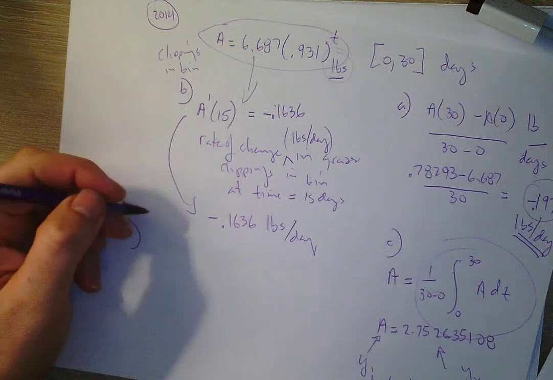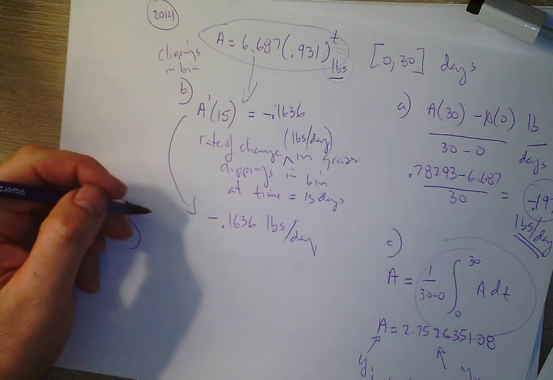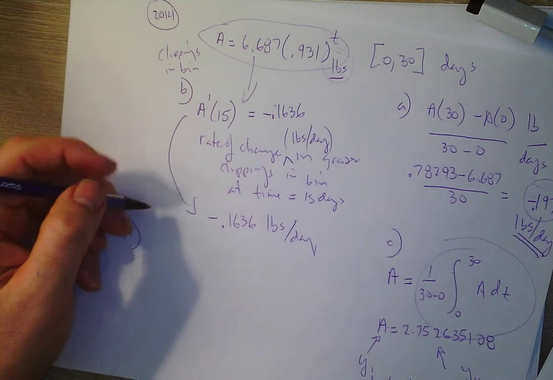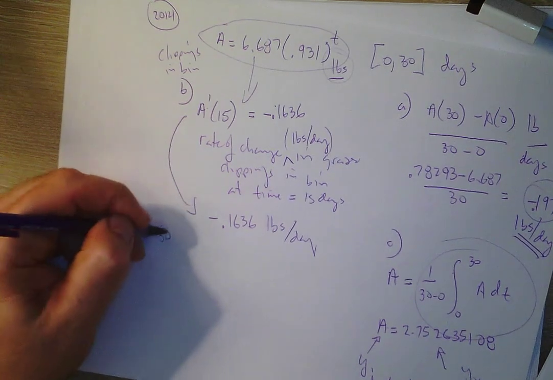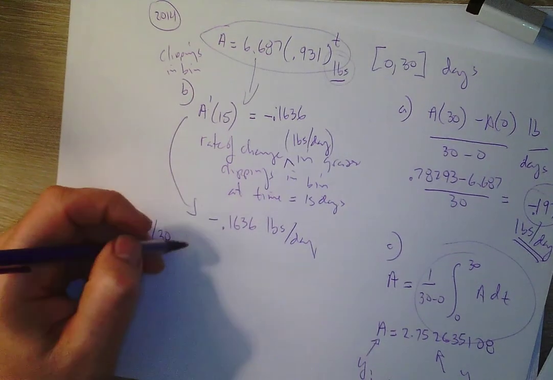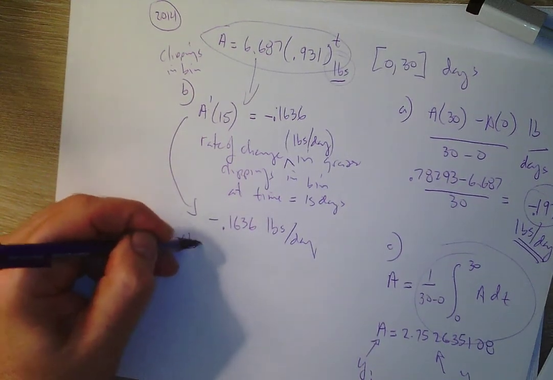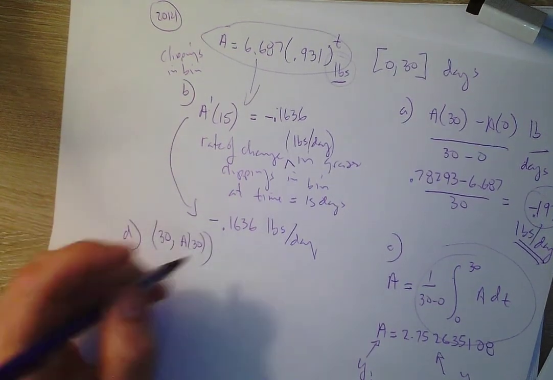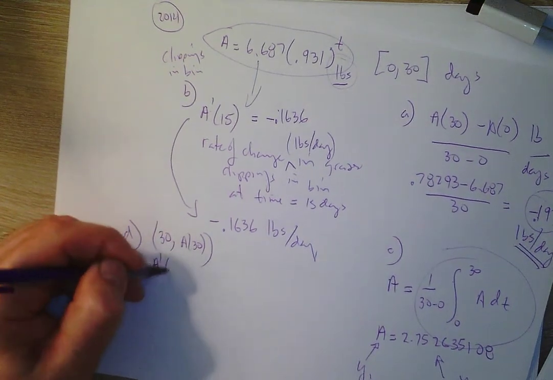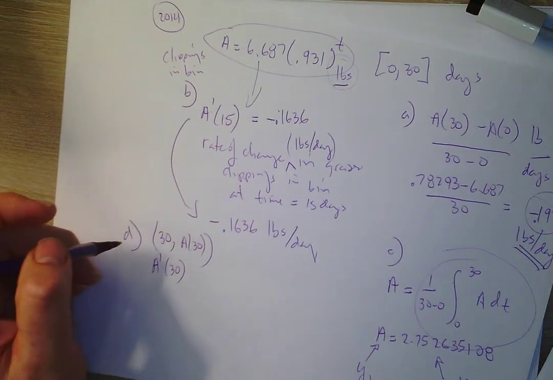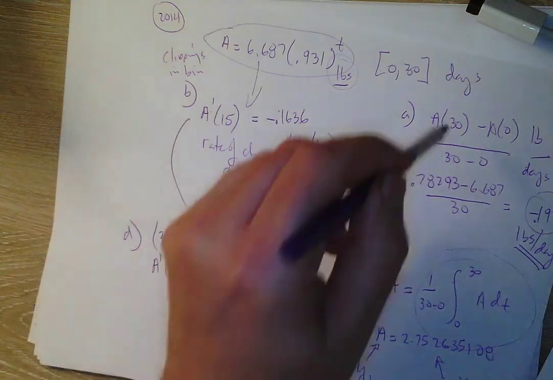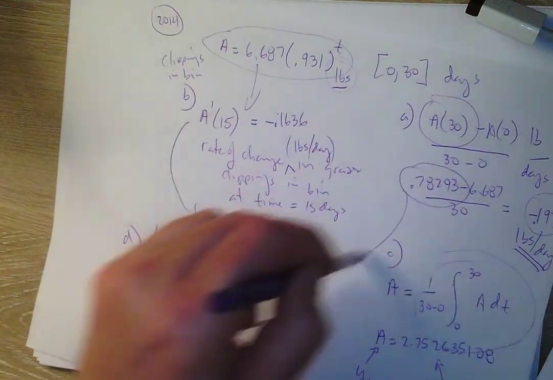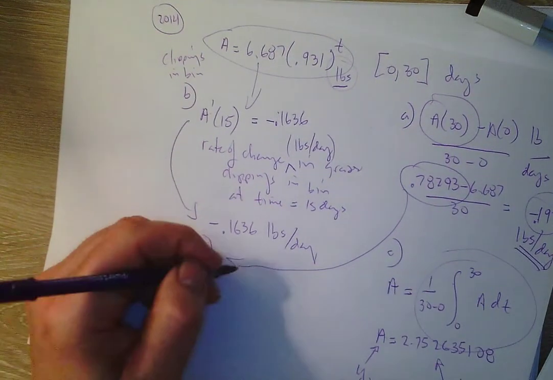So we need to write the tangent line equation, and for that we need a point and slope. So I have 30, but I also need to know A of 30. I also want A prime of 30. Well, I found A of 30 already in this problem, so I can import that.